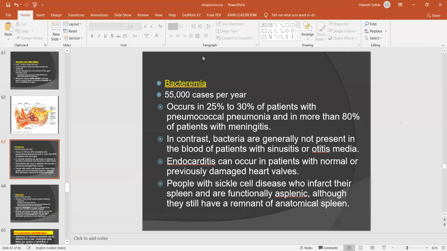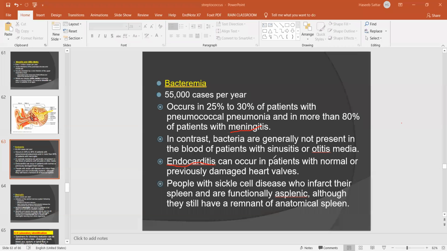Bacteremia, as I told you, means bacteria in the blood. Once bacteria is present in the blood, it can travel throughout the body and involve any organ. That is why it may cause meningitis, it may cause endocarditis.